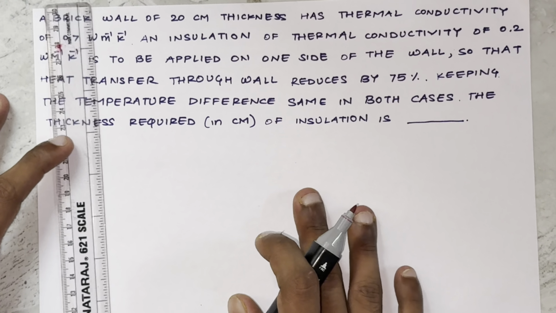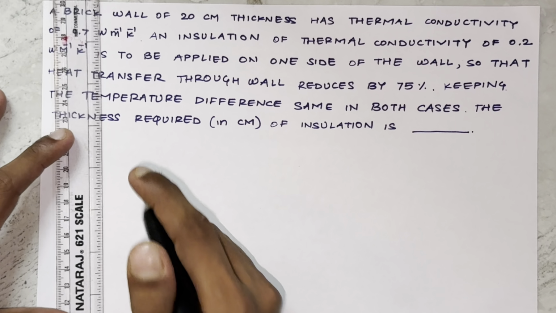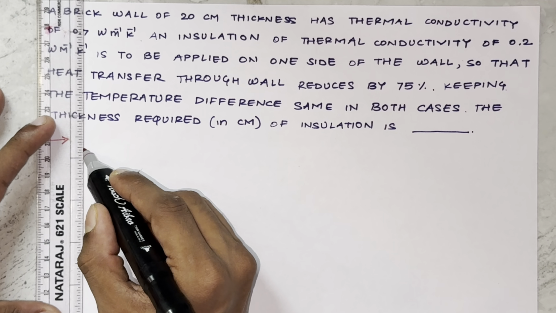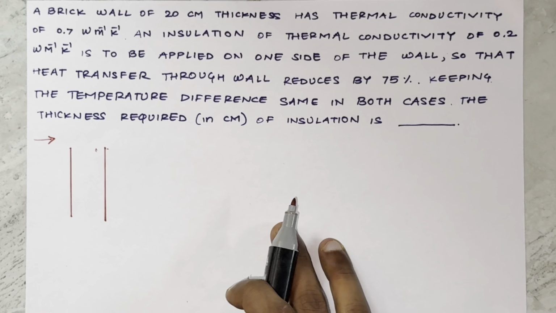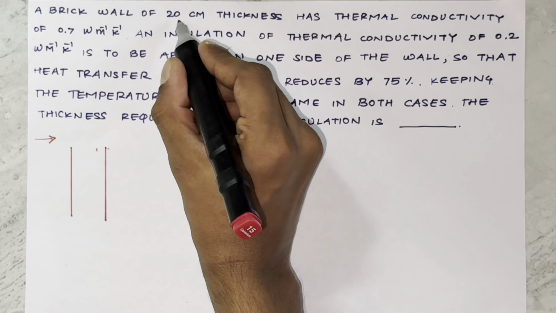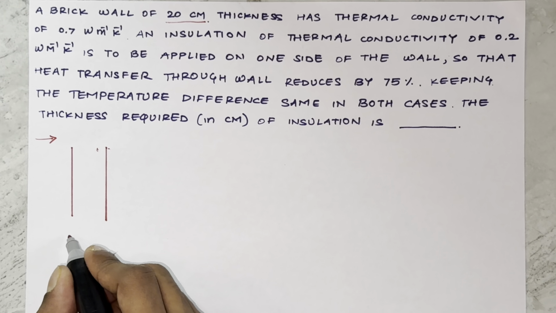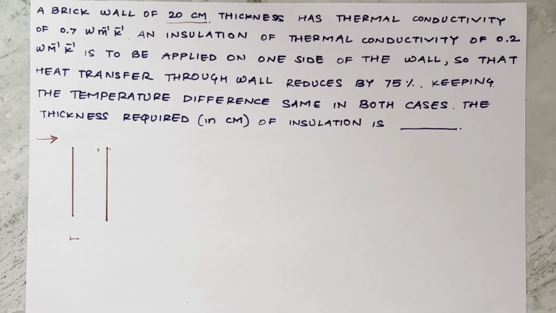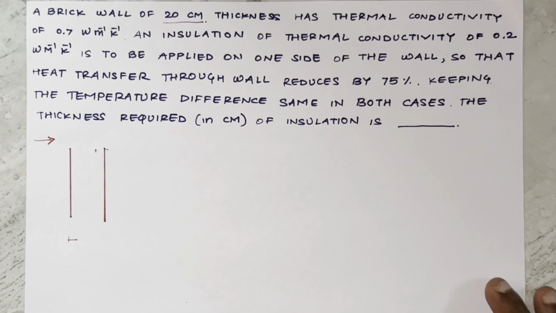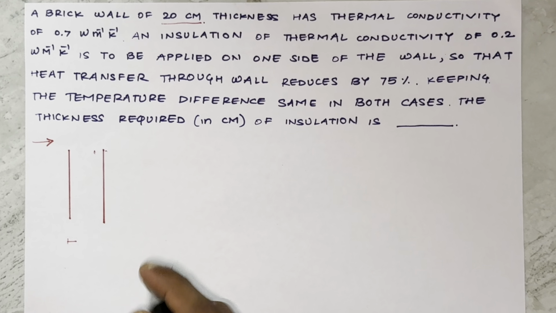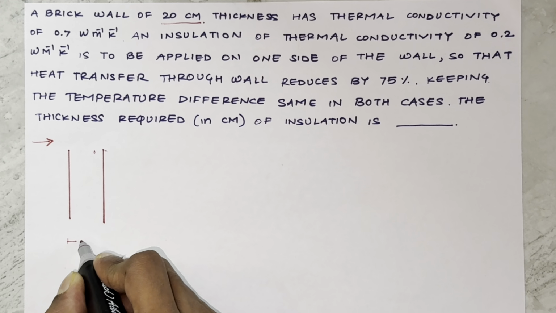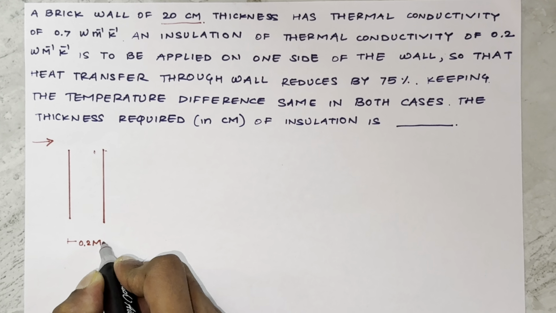Let me draw the wall. Let's say this is the wall, and the thickness is 20 centimeter. We prefer to write all quantities in SI units, so I write it as 0.2 meter.